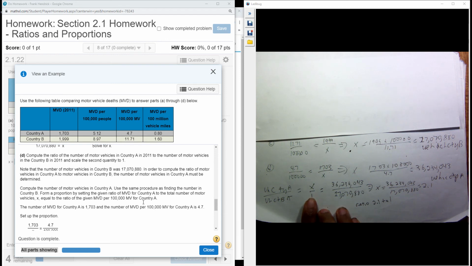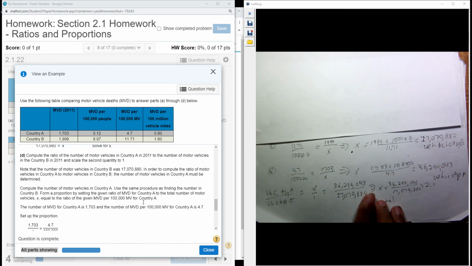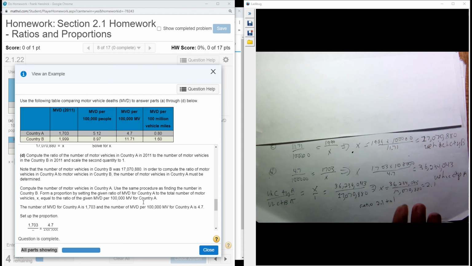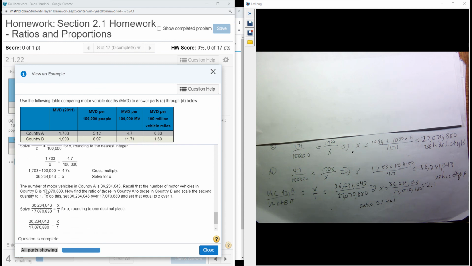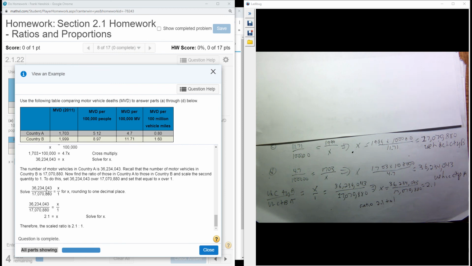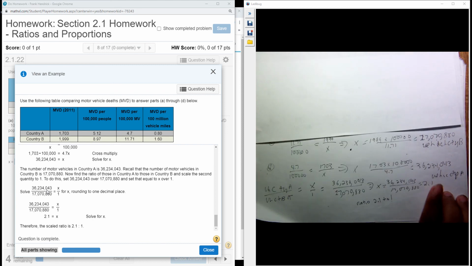So then we can cross multiply and divide and solve for X here, and it'll give us a ratio. So they found the number of vehicles in country A, and then they set it equal to 1, cross multiply and divide. So the ratio is going to be 2.1. It's 2.1 here. So the ratio is 2.1 to 1.